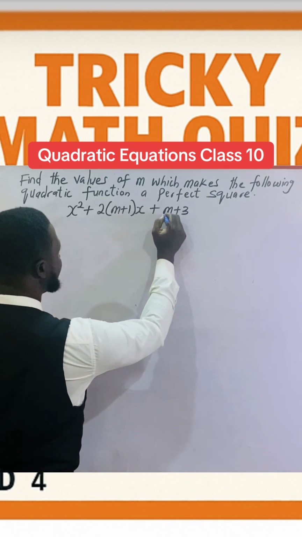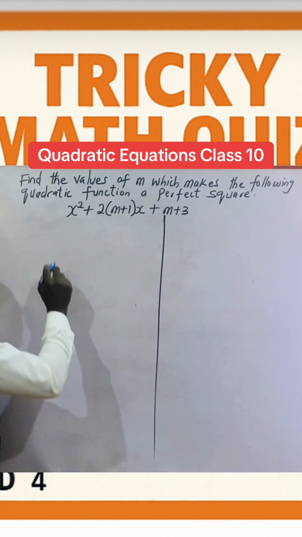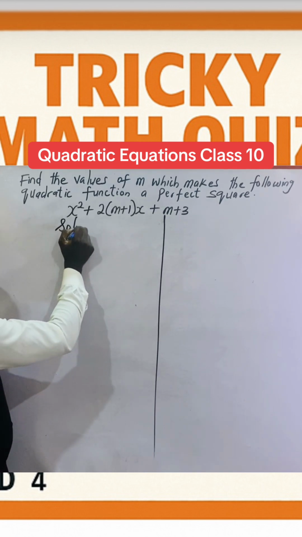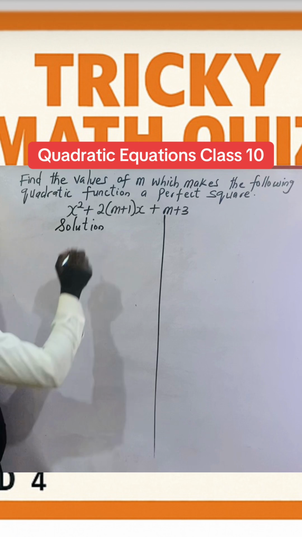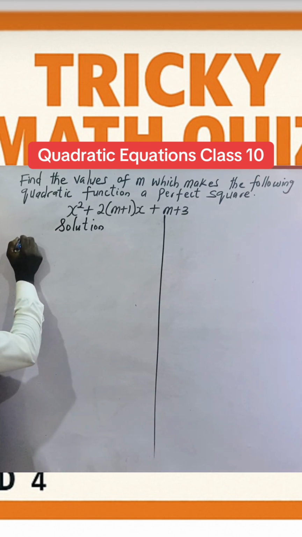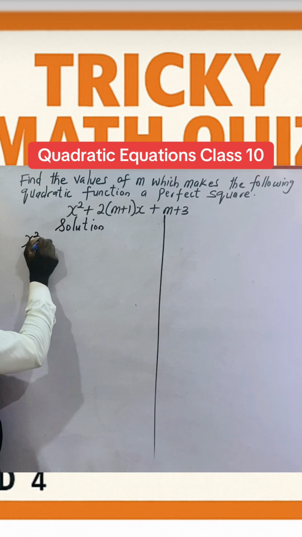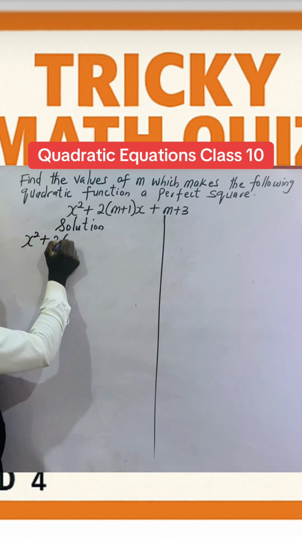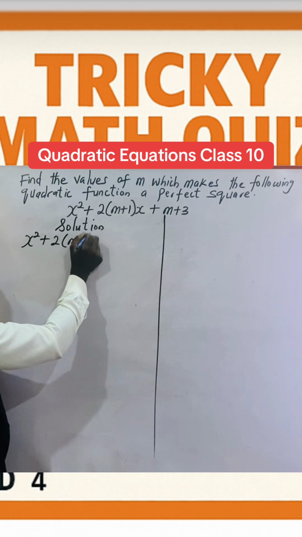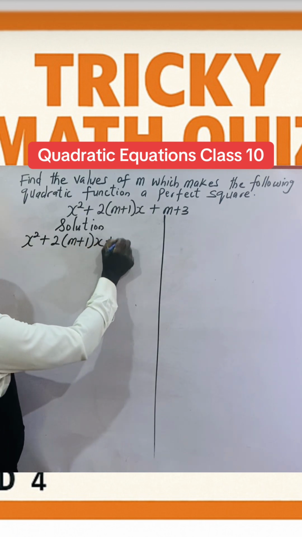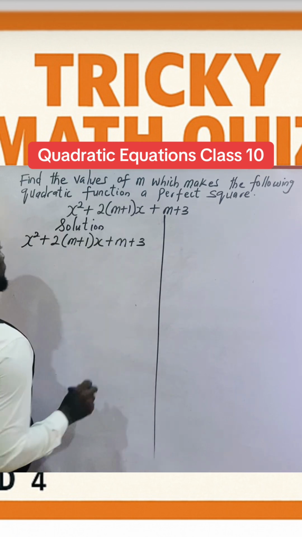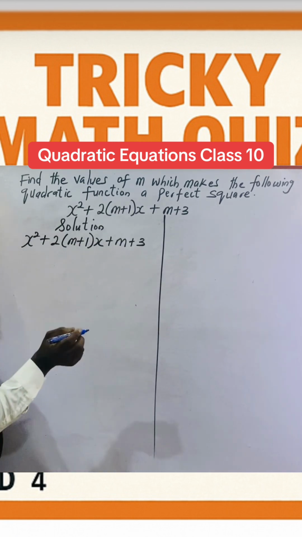So let's quickly arrange the board. Solution. So you drop the expression x squared plus 2 into m plus 1 x plus m plus 3. So you go like this.